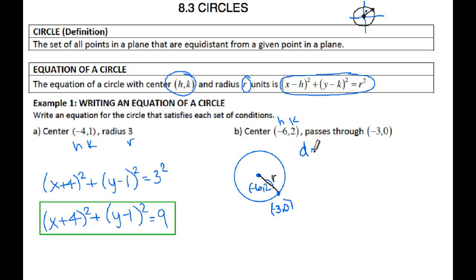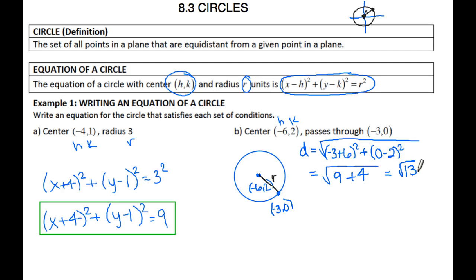So my distance is going to be the square root of x2 minus x1, so I'm going to use -3 minus -6, quantity squared, plus y2 minus y1, and that gives me the square root of -3 plus 6 is 3 squared, which is 9, plus 2 squared is 4. So that means my distance is the square root of 13, which I'm going to go ahead and leave as a radical. So that means my radius is the square root of 13.